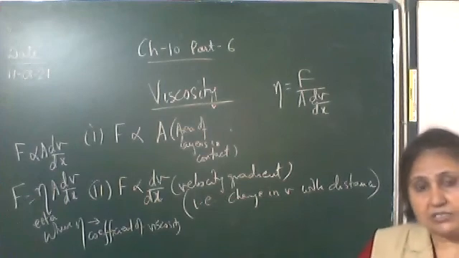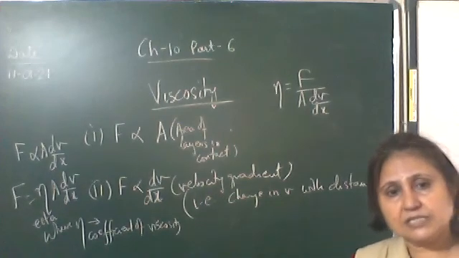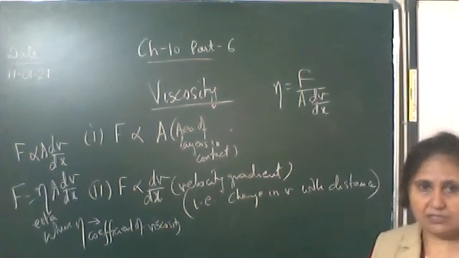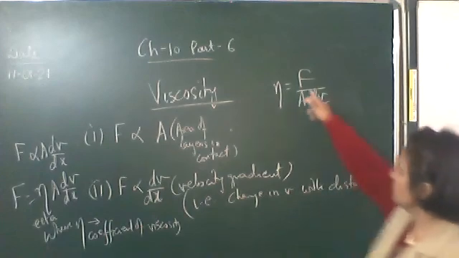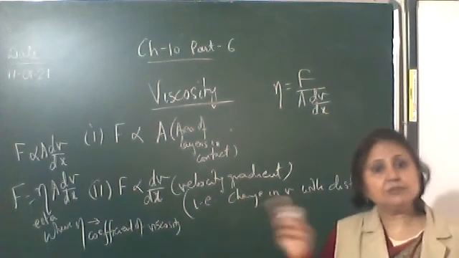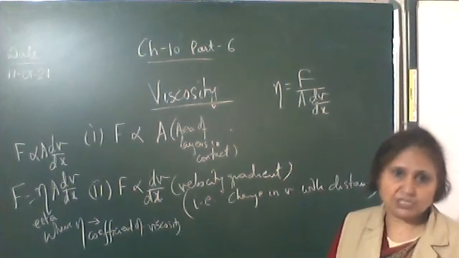This can also be defined as the tangential stress upon the rate of shear strain. Tangential stress is force per unit area, and dv by dx is the rate of shear strain.